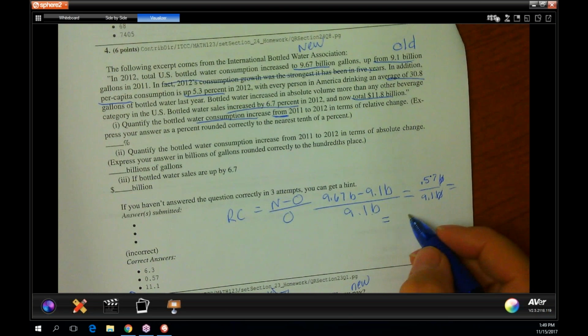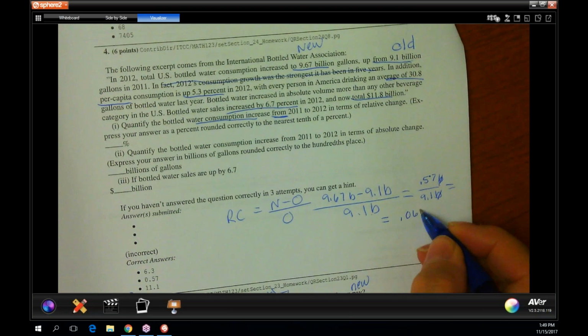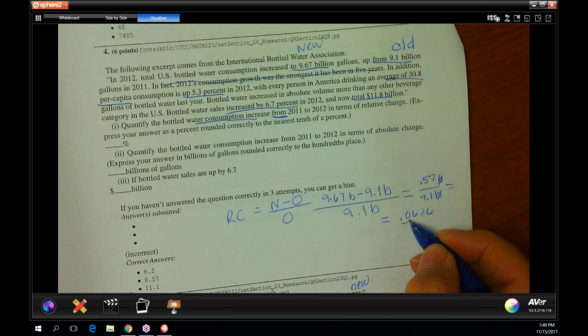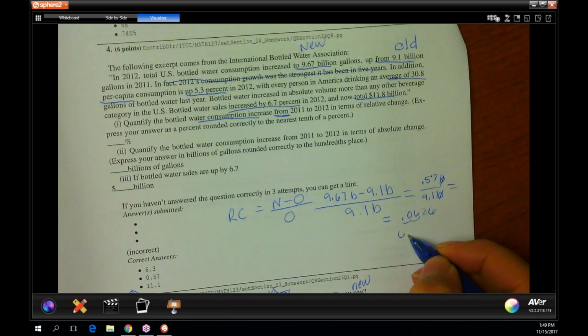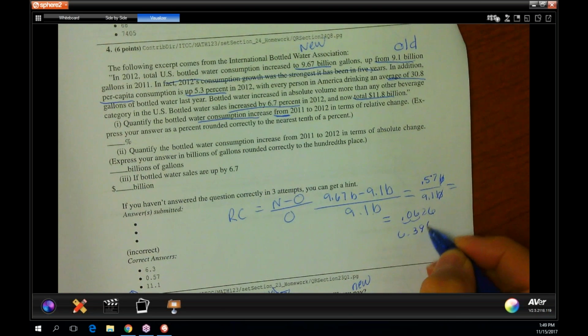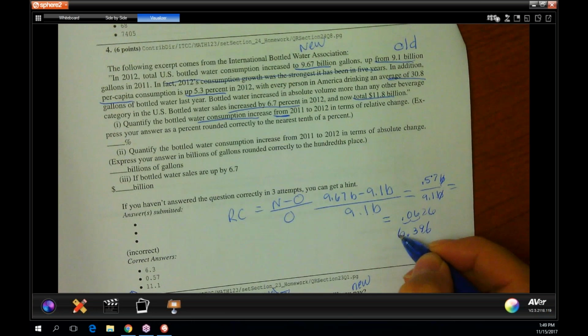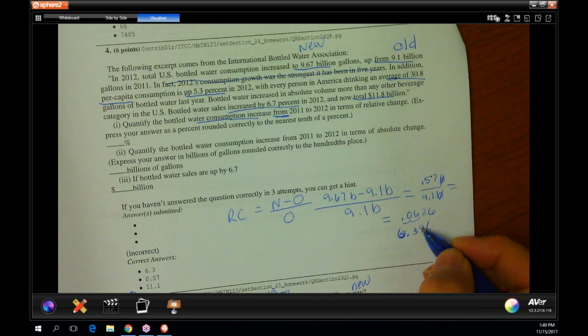That's going to equal 0.0626, which would be 6.3%.